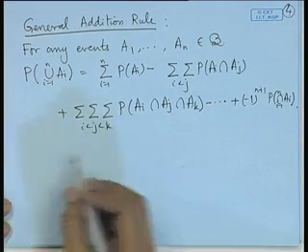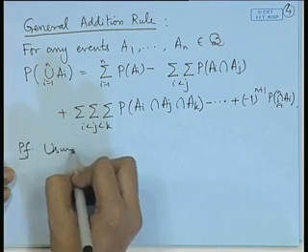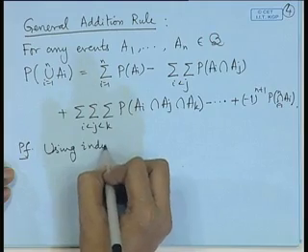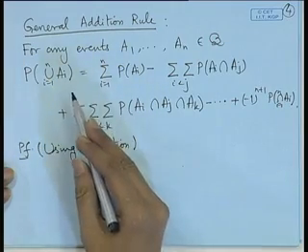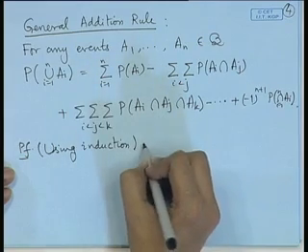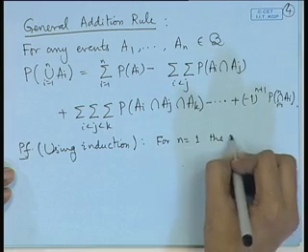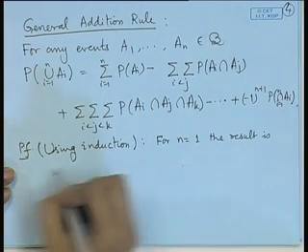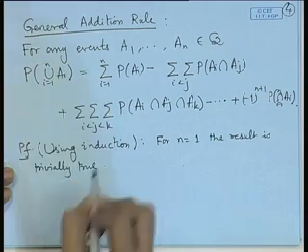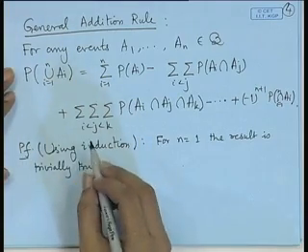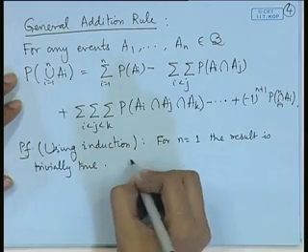One can prove this result using induction. For example, if we take n equal to 1, the result is trivially true. For extension from k to k plus 1, we will need the result for n equal to 2, which has already been proved.